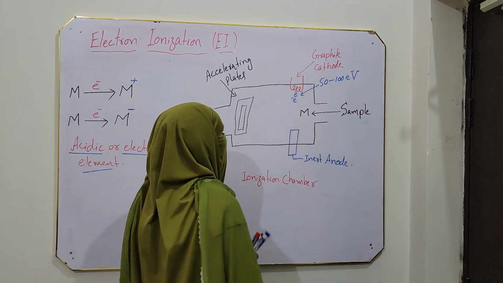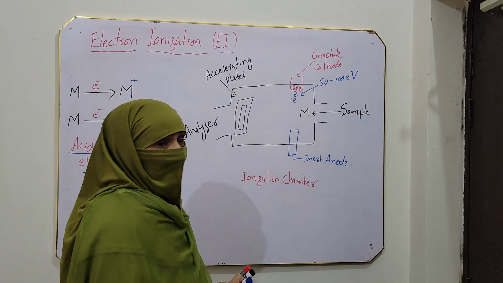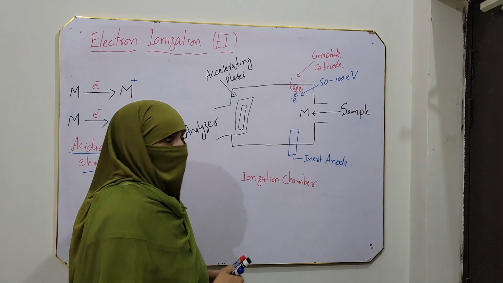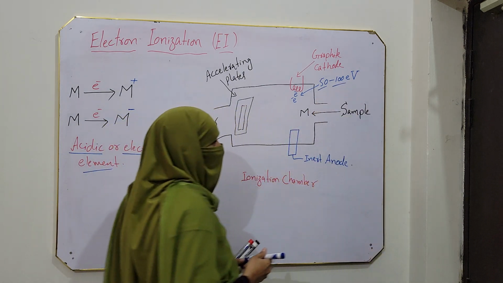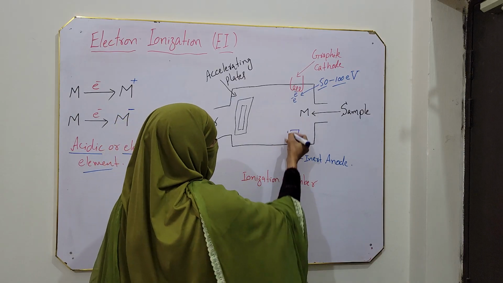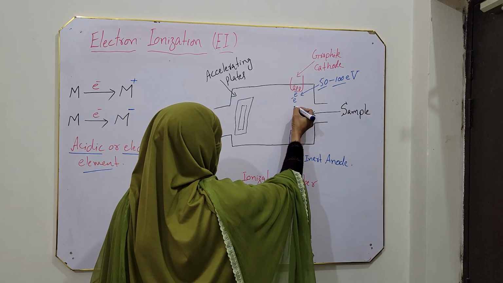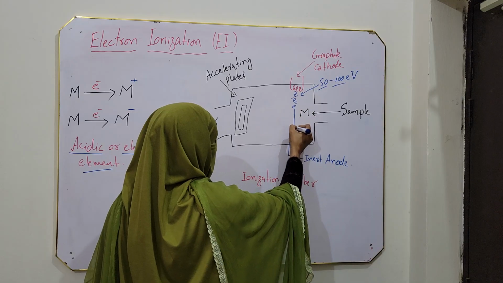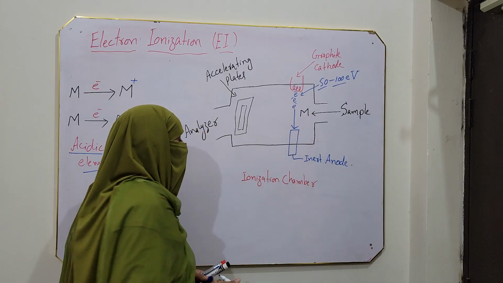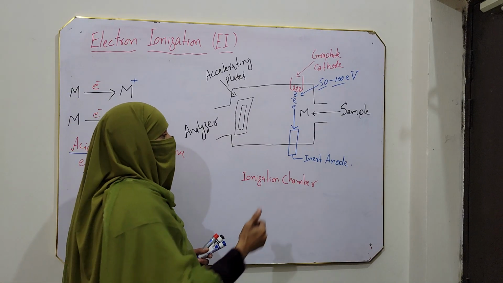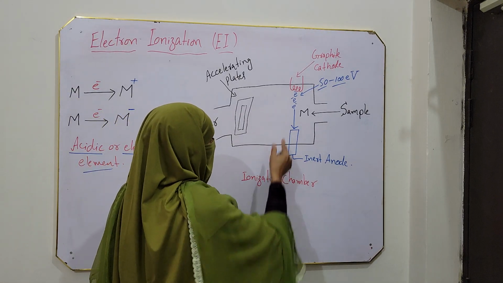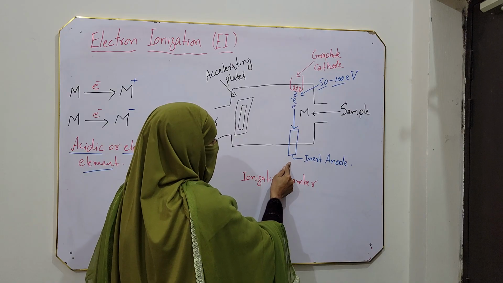When the graphite is heated electrically, it ejects electrons. Mostly these electrons have energy of 50 to 100 electron volts. As soon as these electrons are ejected, they are attracted by the opposite anode.